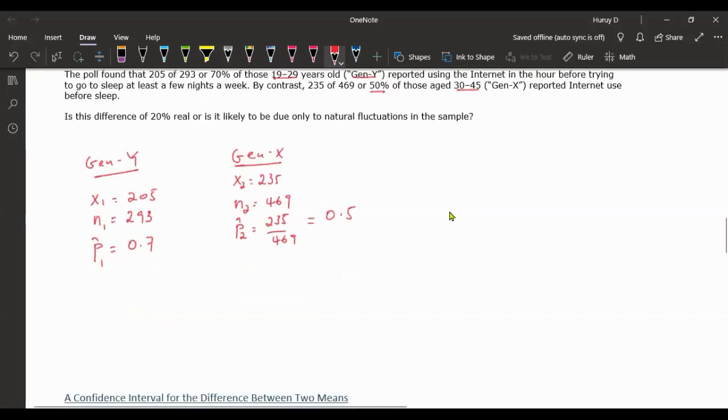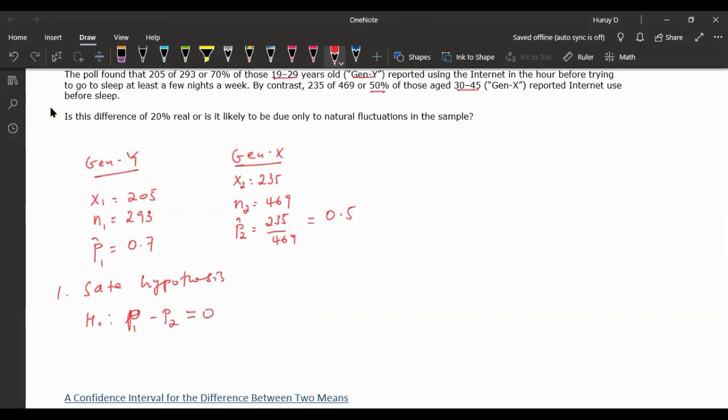When we perform a hypothesis test, the first thing I need to do is state the hypotheses. So our null hypothesis is p1 minus p2 equals 0. And how about the alternative?